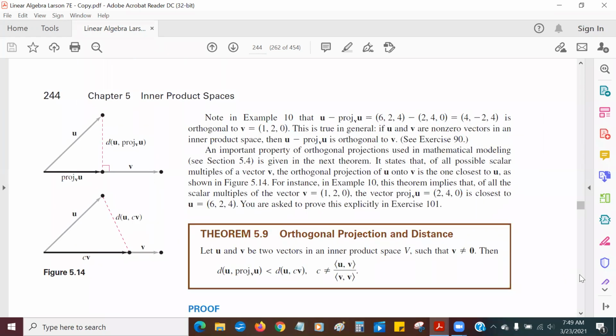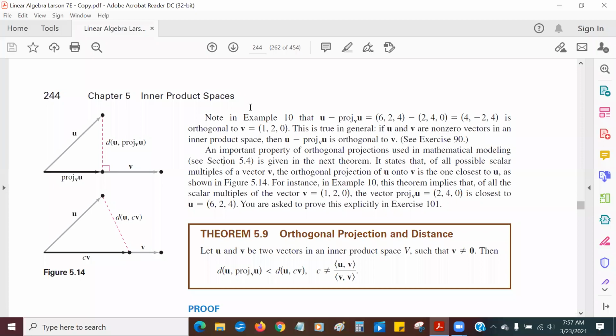Now, in example 10, I'm just taking these two vectors out. So we see u minus the projection of u. The u is this guy right here, which was (6,2,4), as on the previous page, and the projection of u was (2,4,0).